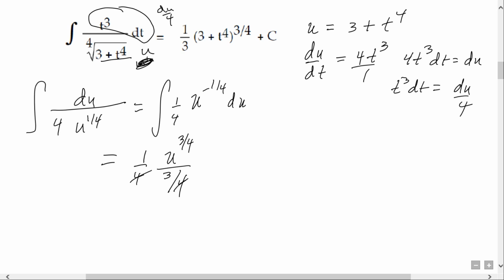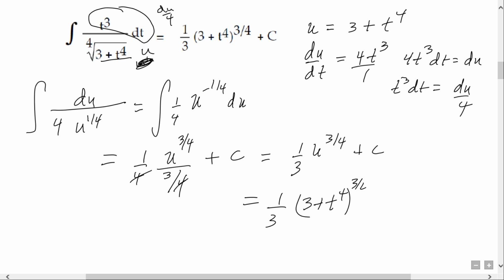Notice the 4's cancel. Of course, we add a constant, and the answer is 1/3 u to the 3/4 plus c, and then substituting what u is, we get 3 plus t to the fourth to the 3/4 power plus a constant.